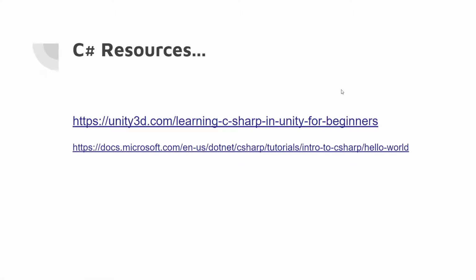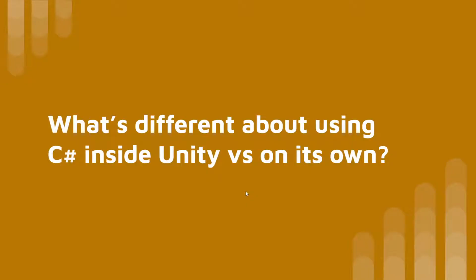All right. Now, if you need additional resources, there's always lots more, right? Unity 3D has Learning C# and Unity for Beginners. And of course Microsoft, one of the originators of C#, has a bunch of .NET C# tutorials out there as well, right? So there are loads and loads of resources. We're going to focus on the specifics of using C# inside Unity and potentially programming inside a game engine.